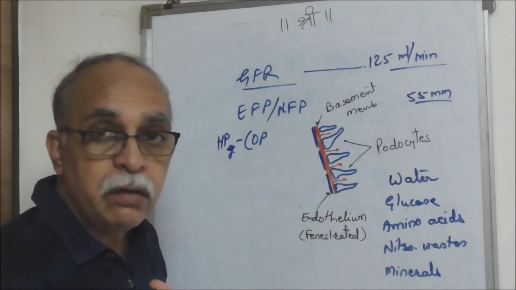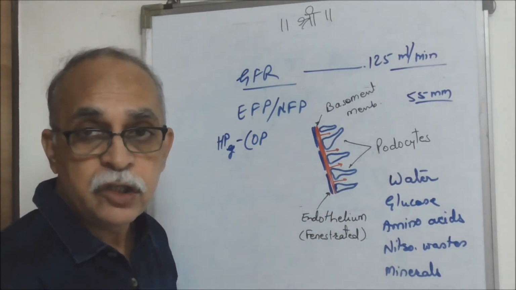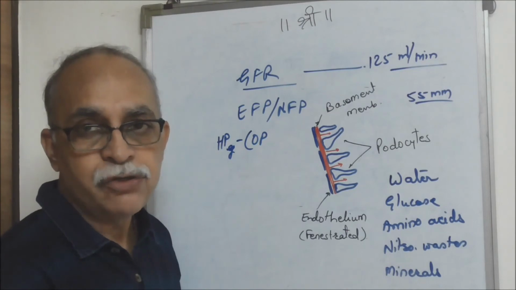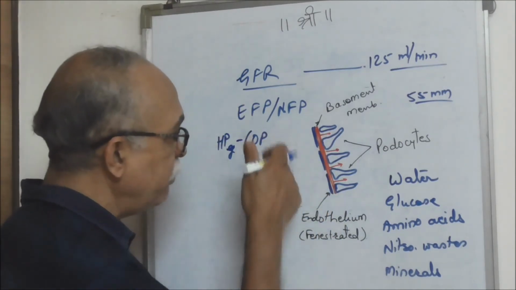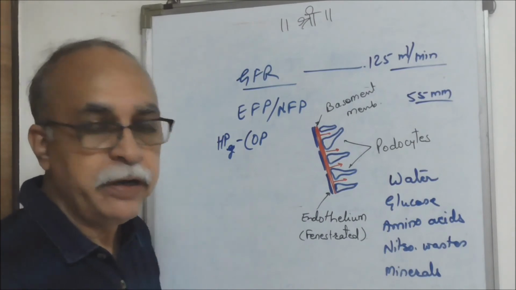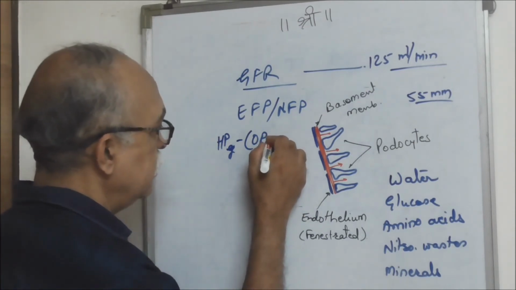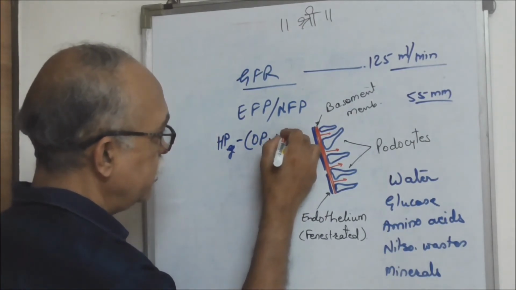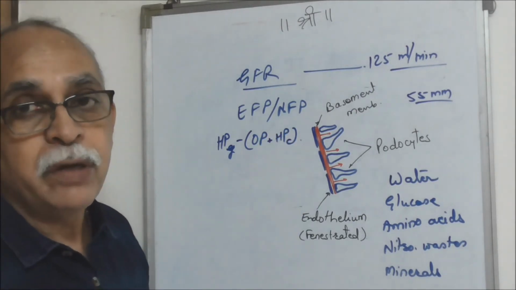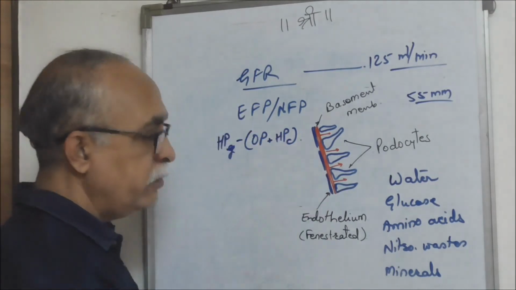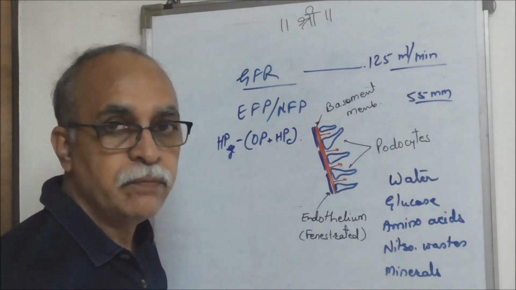The fluid contained in the filtration space has some concentration which would be offering some resistance to the outflow of the filtrate. Minus, that is here it will be plus, hydrostatic pressure in the capsule. Bowman's capsule contains some fluid that also offers some resistance to this.